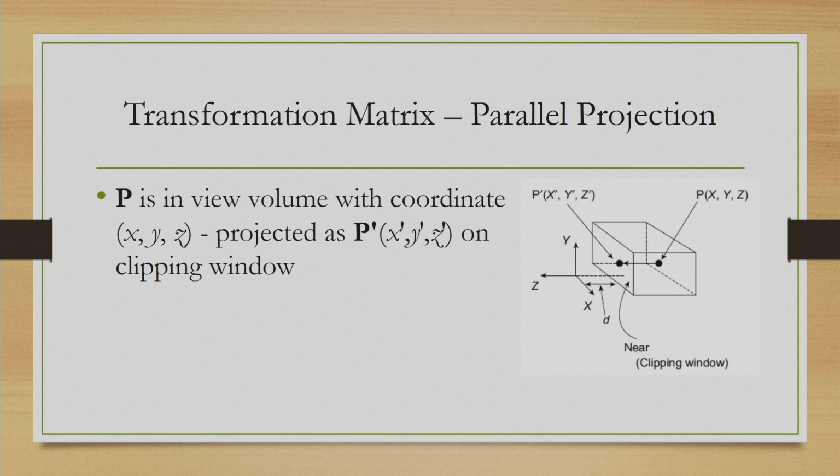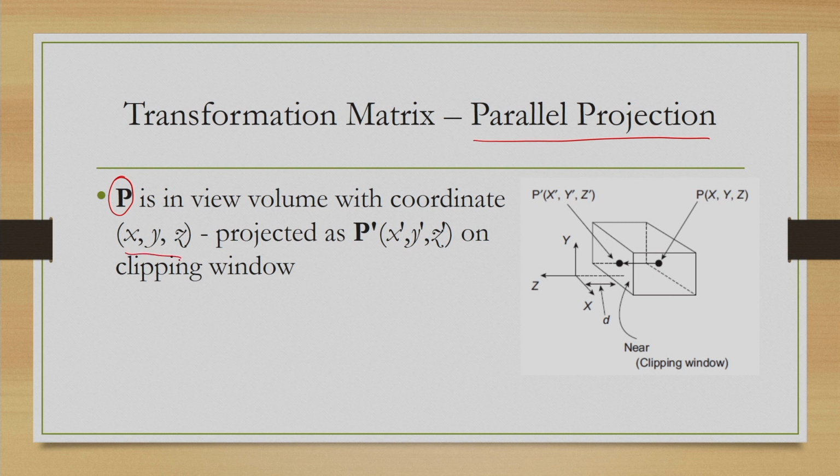So, with this knowledge of the view volume, let us try to understand the projection transformation matrices for the two types of projection. Let us start with the parallel projection. In this case, let us consider a point P which is in the view volume with coordinates x, y, z.